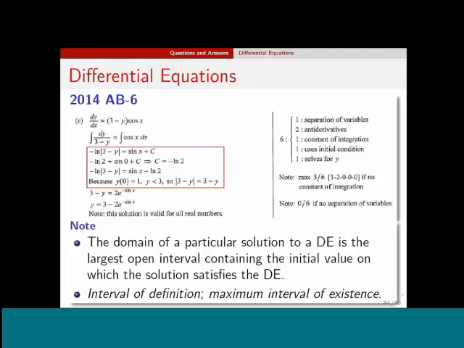So the particular solution to a differential equation is on a maximum domain containing that initial value. So that's why you need to worry about that absolute value. And that's why you can eventually drop it in this case, because the solution is on a domain where the expression inside that absolute value is positive.